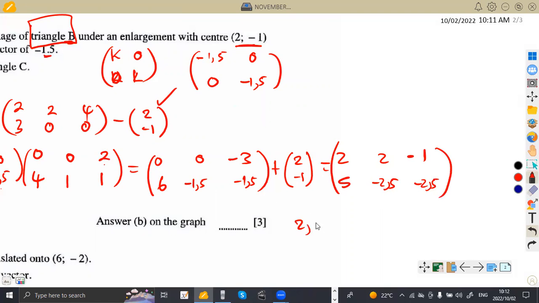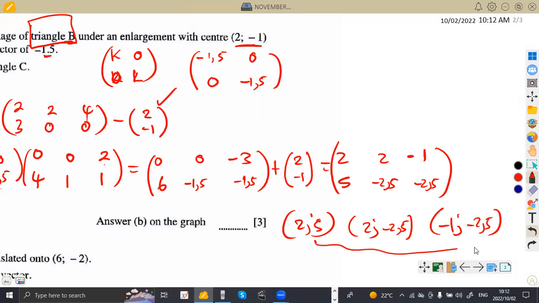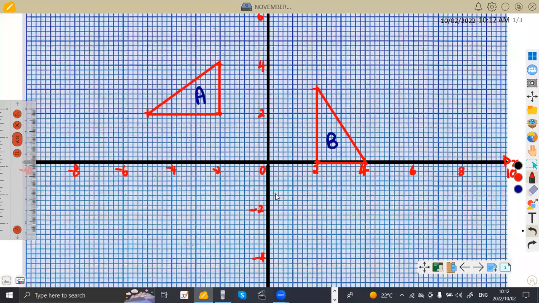So now you can mark the points that you're given, 2, 5, 2 minus 2,5. And the other one is minus 1 minus 2,5. So these points are enough for us to have the diagram that we actually need in this case. Okay, so let's see what we're going to have. 2 versus 5, our diagram here. 2 versus 5, that's somewhere here.